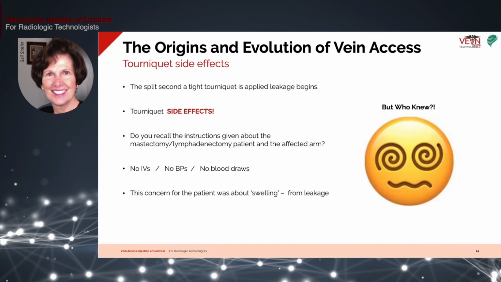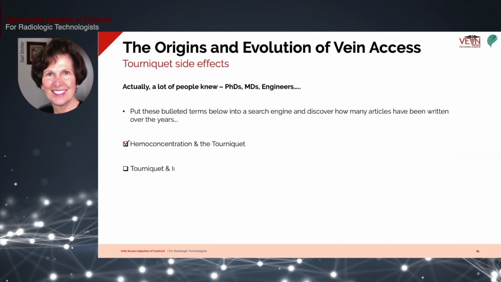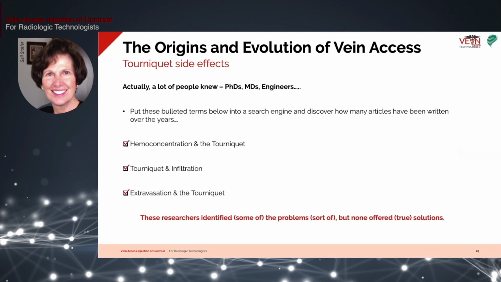So who knew all of this? Well, actually, a lot of people did. PhDs in the medical profession, some MDs, engineers, and they all wrote articles. But they never described it with respect to what the tourniquet does to it. They all say anything that disturbs the equilibrium is a problem. Well, the tourniquet disturbs the equilibrium.